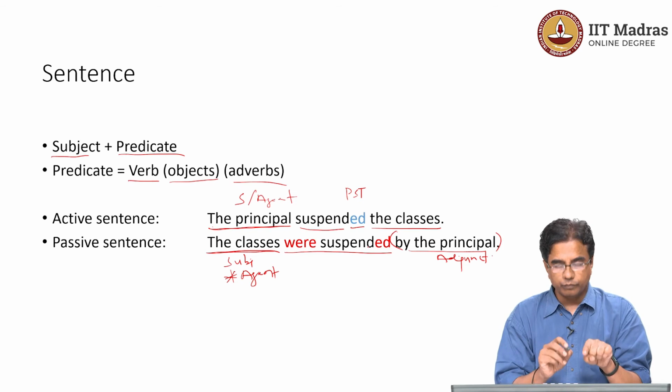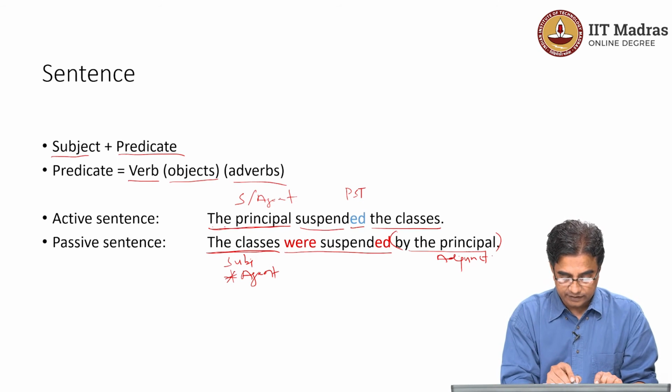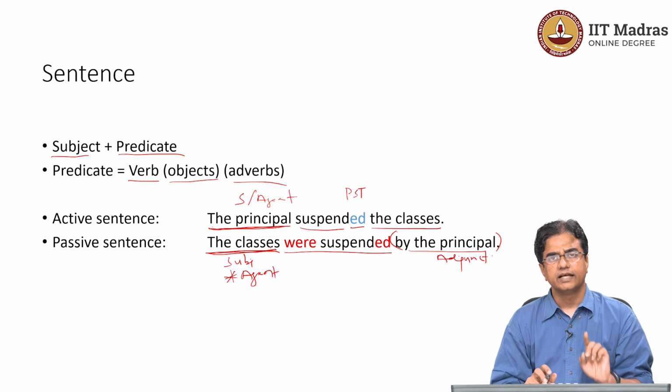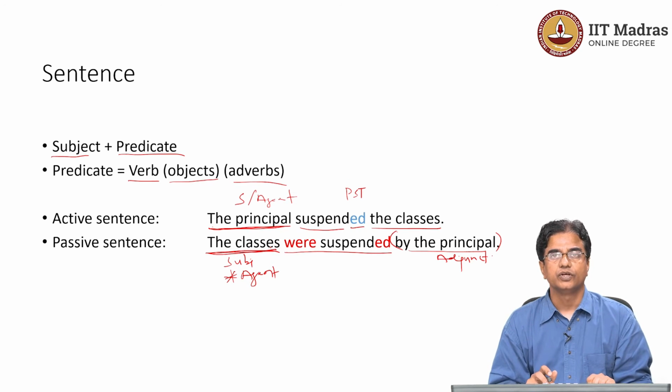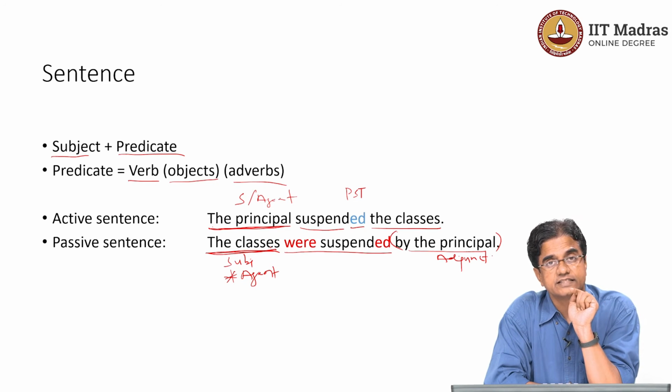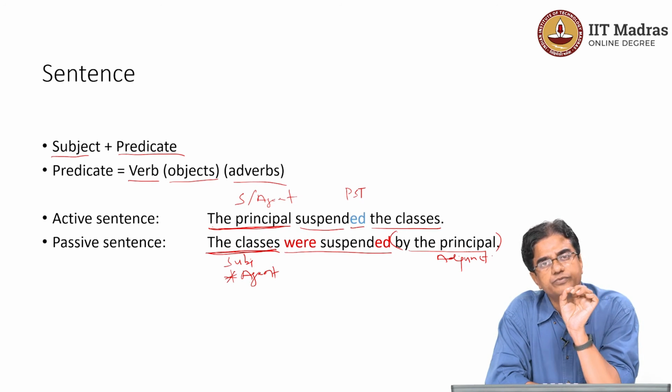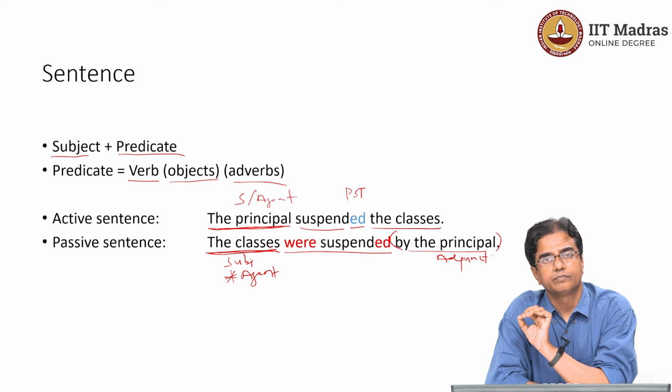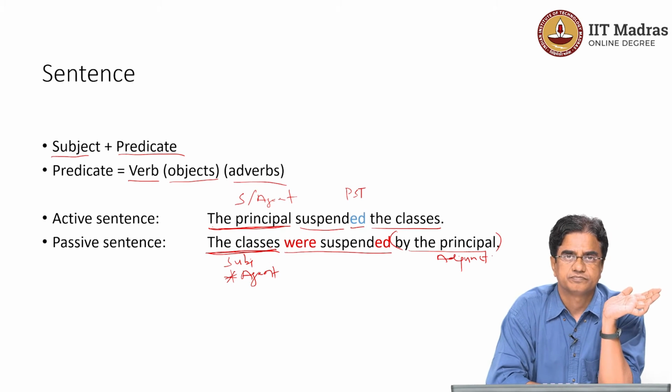So for an active sentence, principal is the subject. For a passive sentence, classes is the subject. In some traditional literature, you would see a description which says, in a passive sentence, the object of the active verb becomes the subject.